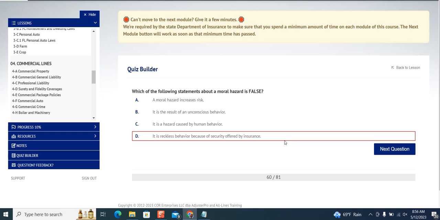Oh my God, come on, man. Freaking head hurts. It must have been the other word. You got moral, and morale. So I guess a morale hazard is D. So a moral hazard is the result of unconscious behavior.